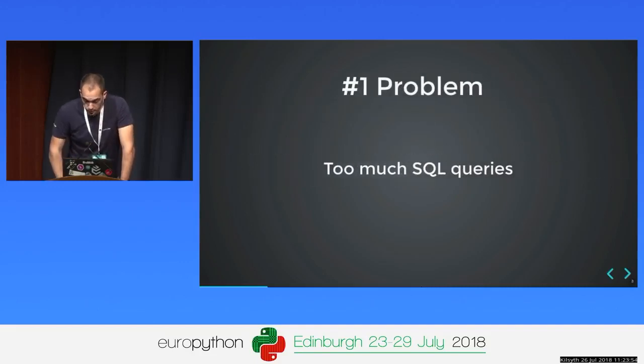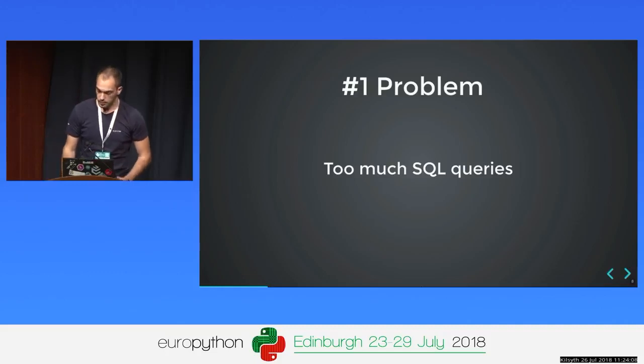So, the first problem, too much SQL queries. On the project I work on at the moment, we had an API which had like 5,000 or 6,000 SQL queries per request, which was a real performance issue.